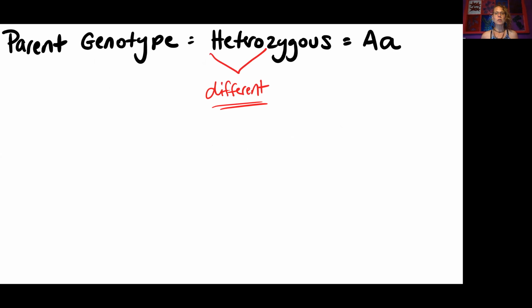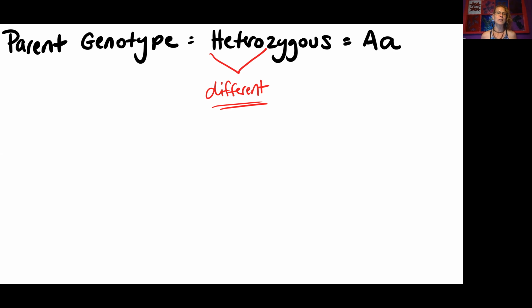Okay, so to begin, we're going to be looking at a heterozygous parent. So let's double check what we mean by heterozygous. Heterozygous, that prefix hetero means different. So we're looking here at, in this case, corn. We're looking at kernel color, and we're going to say that these parents are both heterozygous for corn color.